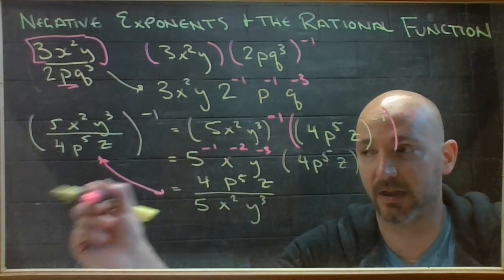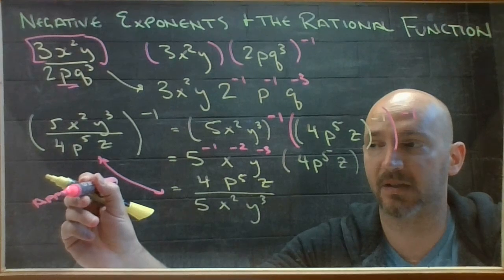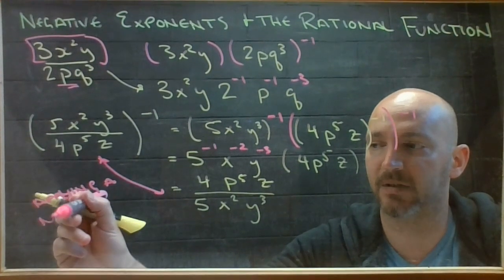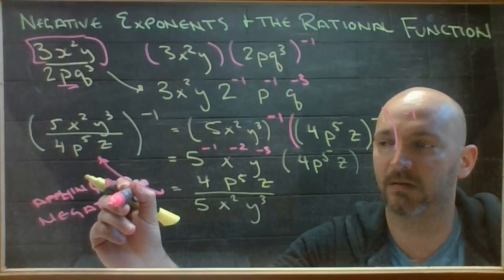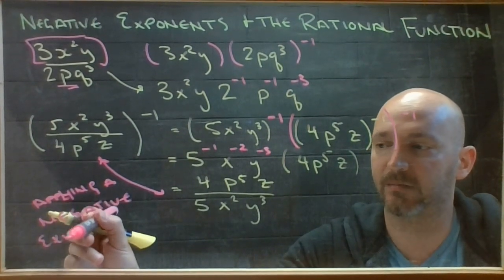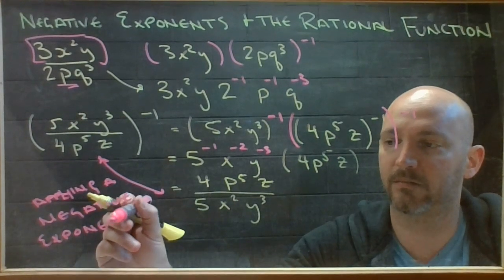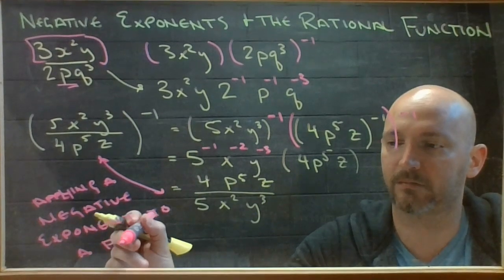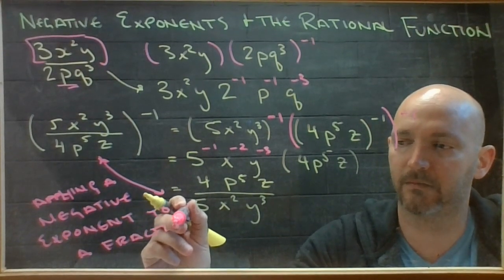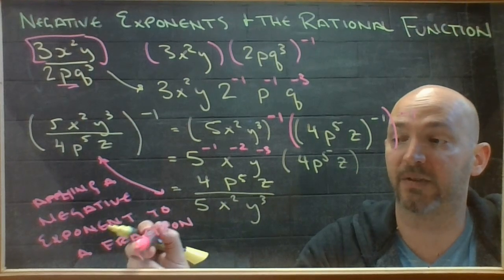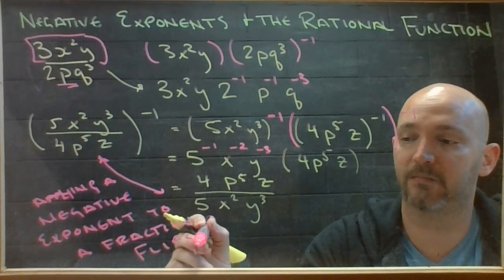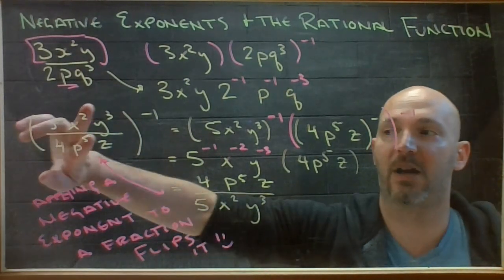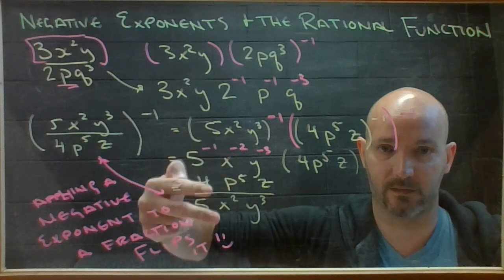So it looks like applying a negative exponent to a fraction flips it. So whatever was on top and bottom before, now they've switched places.